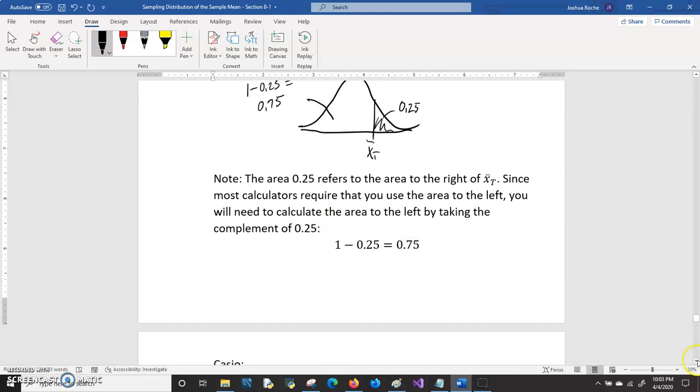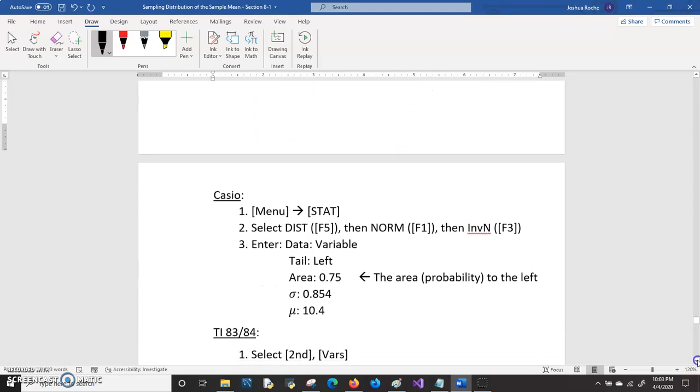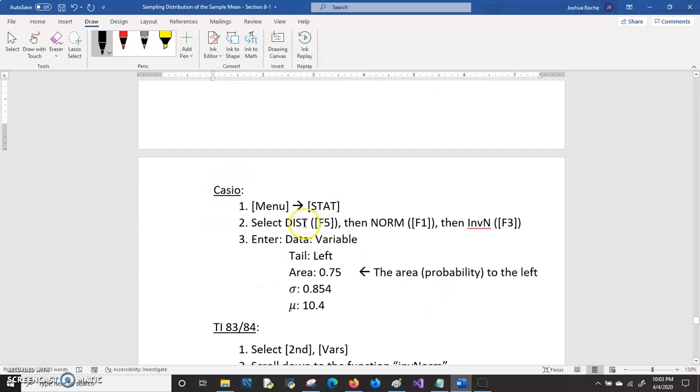Now that you have the area to the left, when you use the Casio calculator, you would take these steps, get to the function called inverse norm. The tail we'll use is the left, and the area to the left is 0.75, just like what we found up here. Put in the standard deviation and the mean.